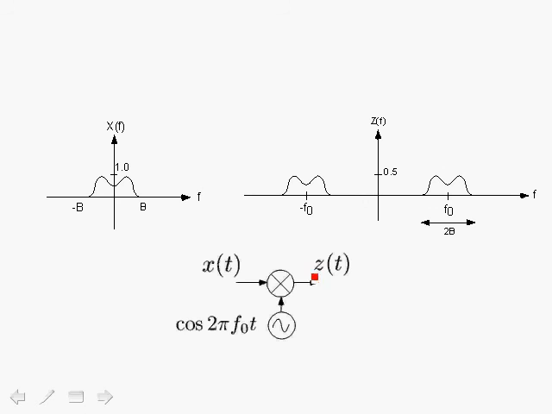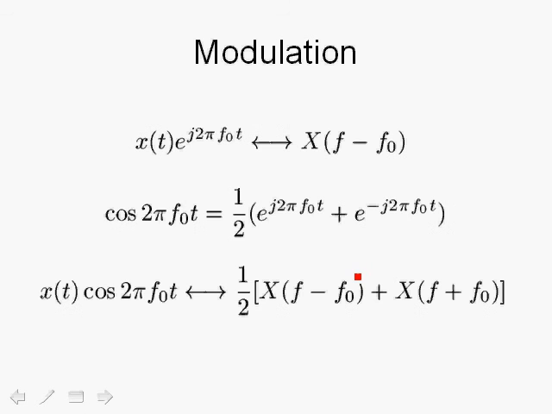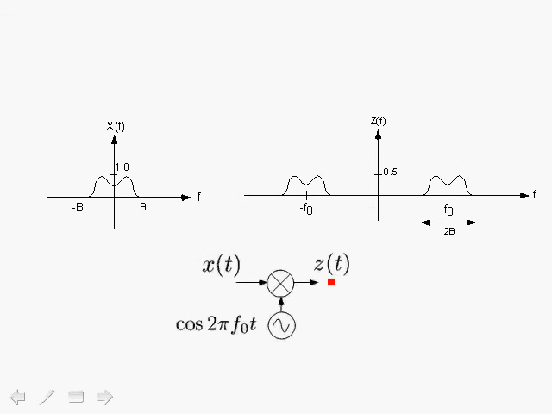If we take the Fourier transform of z(t), based on the expression over here, we obtain the spectrum X(f) shifted by plus f0 and minus f0, and of course with a scaling factor of a half. In the following, we will always use a two-sided spectrum unless otherwise noted, in which case we'll point out that we're showing a one-sided spectrum, for example in simulation results. So this is the basic modulation theorem that we're interested in.